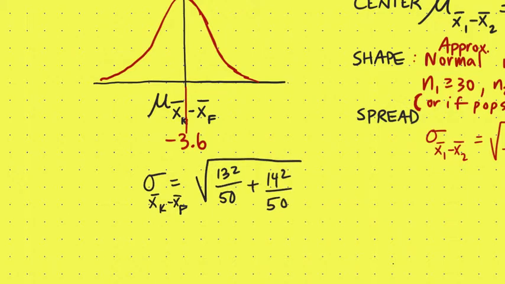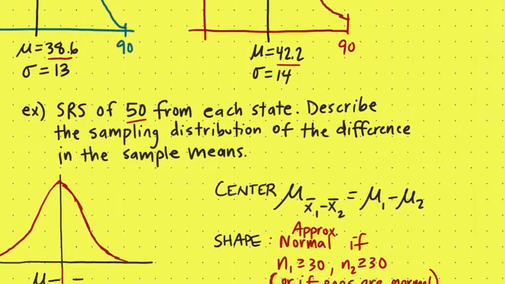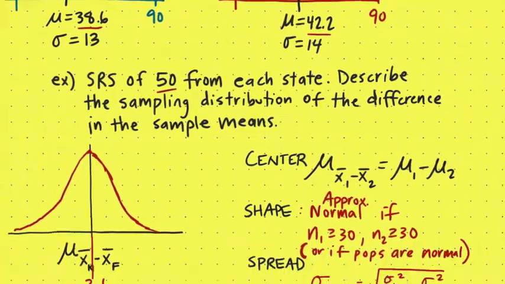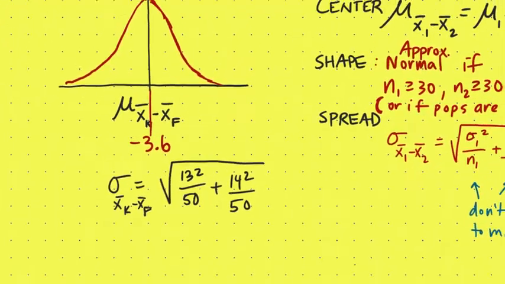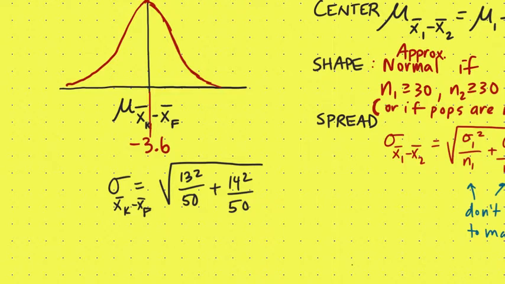Because remember, my two population standard deviations were 13 and 14. When I put that in my calculator, I get about 2.7, and that tells me how far I have to go out for outcomes to be less and less likely. We always need this standard deviation.